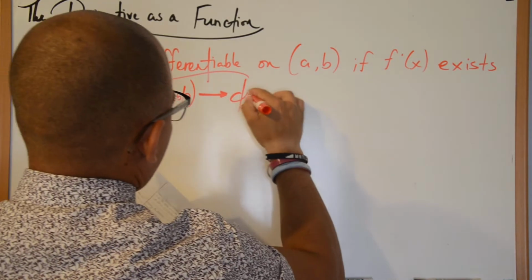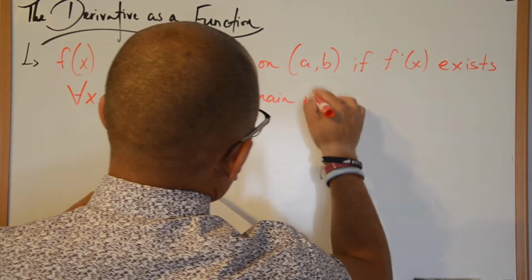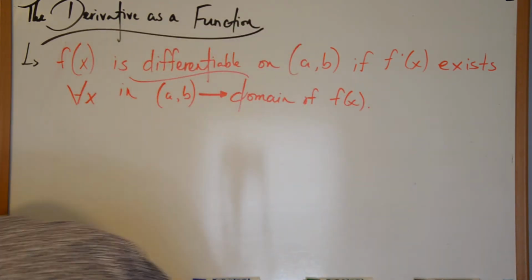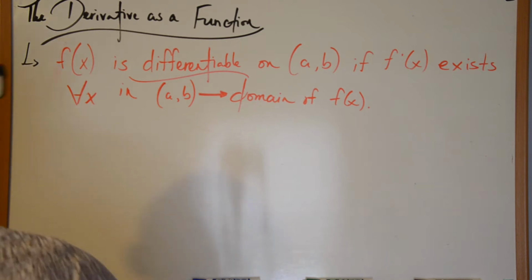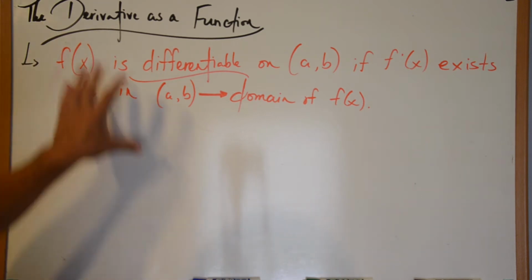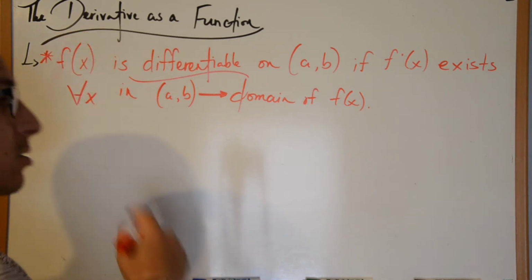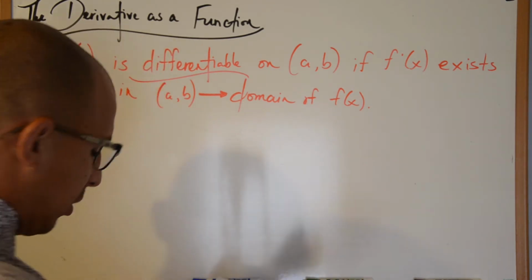That is the domain of f of x. This is going to be a very critical definition for this video. Asterisk it, maybe box it, write it in a different color.